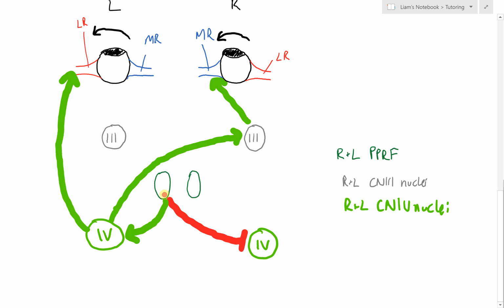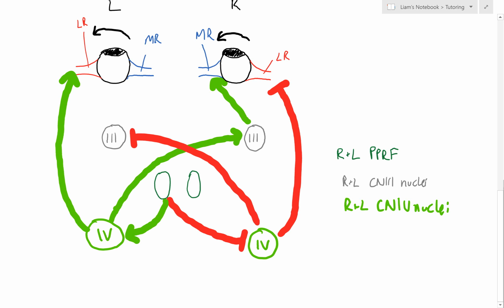Coming again from the left PPRF, we get an inhibitory burst neuron innervating the cranial nerve 4 nuclei, the trochlea. That's a direct effect on inhibiting that lateral rectus muscle. In the same way, it's also going to inhibit our left cranial nerve 3 nuclei, which is going to inhibit our left medial rectus.